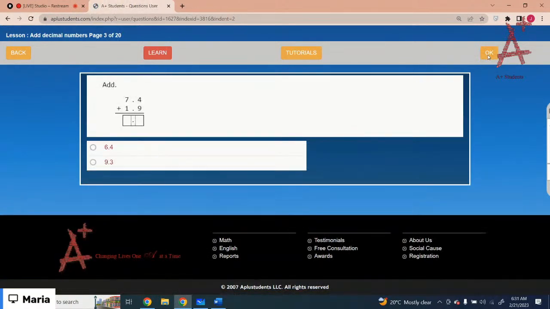Okay, the next one is 7.4 plus 1.9. 9 plus 4 is 13, right? 3 and carry 1. So the correct option is 9.3.